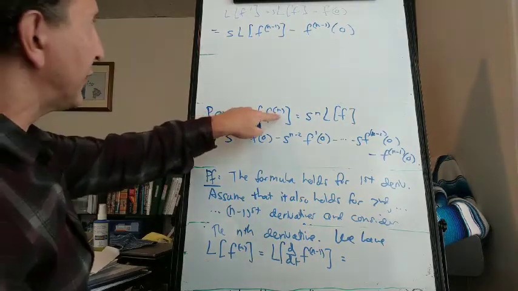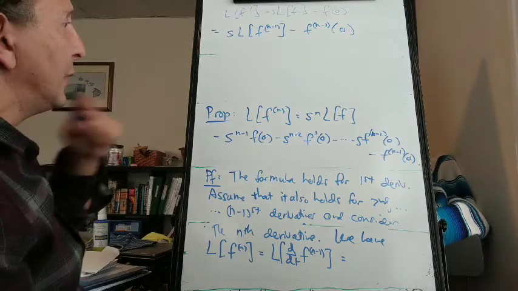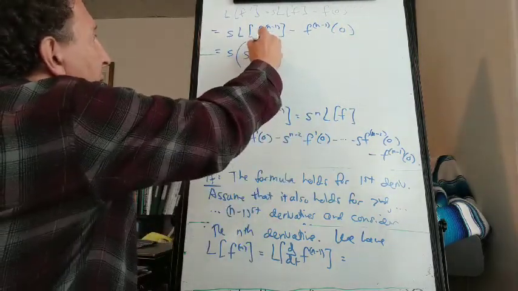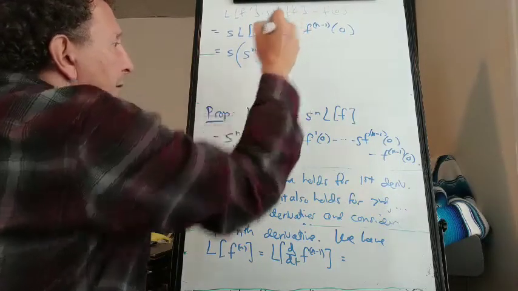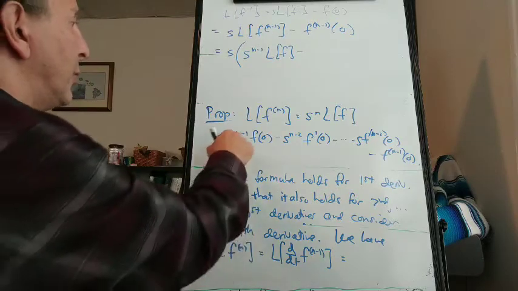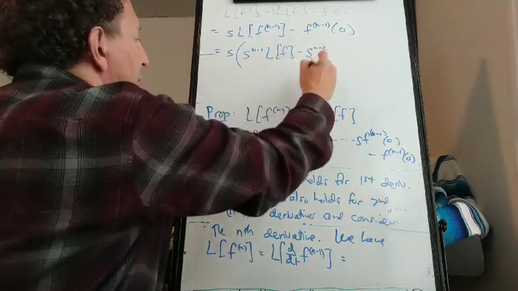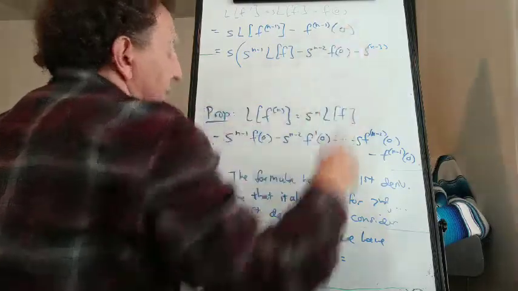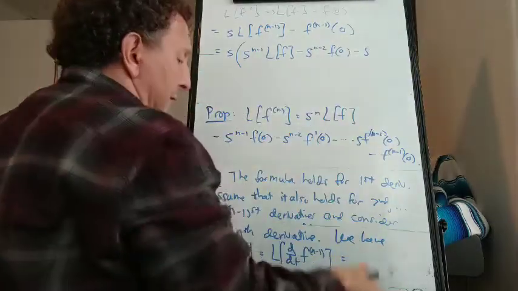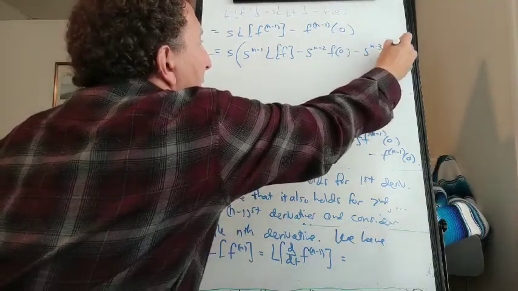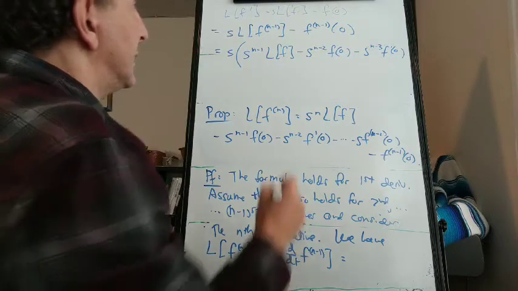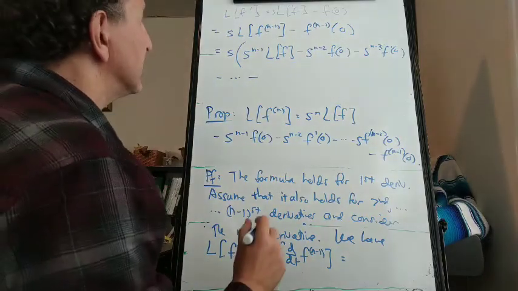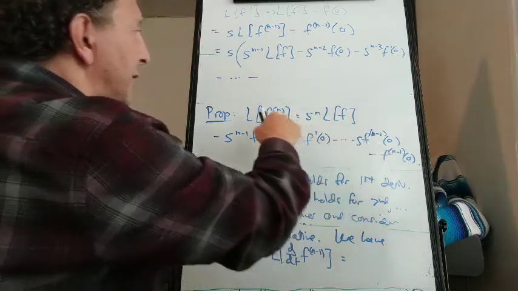so assuming that the proposition holds for up to the n minus first derivative, we have s to the n minus 1 L of f minus one less power, s to the n minus 2 f of 0, minus s to the n minus 3, that is, oops, that's actually a power, f prime, etc. So we'll be going all the way down to the derivative that's one smaller than this.